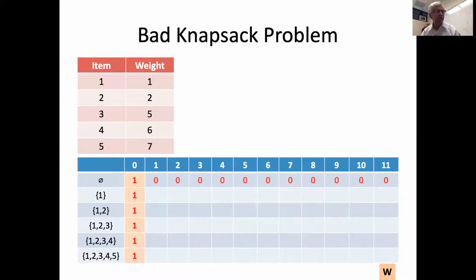So let's see how to get this started. Again, we're going to start with zeros on the first row because the set is empty. I don't have anything to choose from. So obviously the weight for taking nothing is nothing. So the question is, how do I fill the first row? Well, in the first row, either I take item number 1 or I don't.